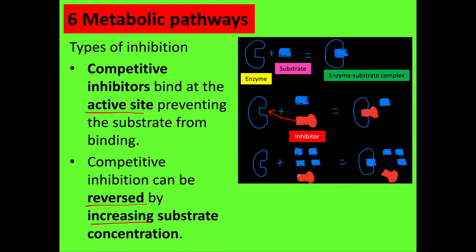The inhibitor's got a 1 in 5 or a 20% chance of binding, but the substrate has got an 80% chance. So therefore, if we keep adding substrate, we're going to eventually overcome the inhibitor, okay? Because we're lowering and lowering the inhibitor's chance of getting there before the substrate. So the reaction rate, the enzyme activity will continue to increase.